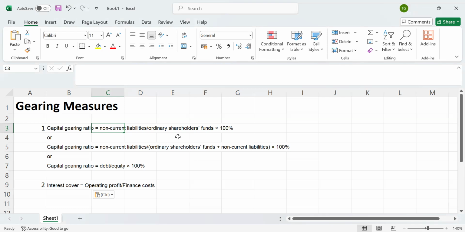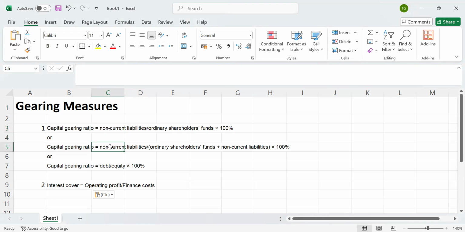Whoever has given you the loan will be wanting the interest. They do not care whether you've made a profit or a loss. So interest has to be paid regardless. That's why if a company has a very high gearing, it has taken a very large amount of debt, then it's considered to be risky, because what if they do not earn enough profits to be even able to pay the interest or give the capital amount back to the lender.